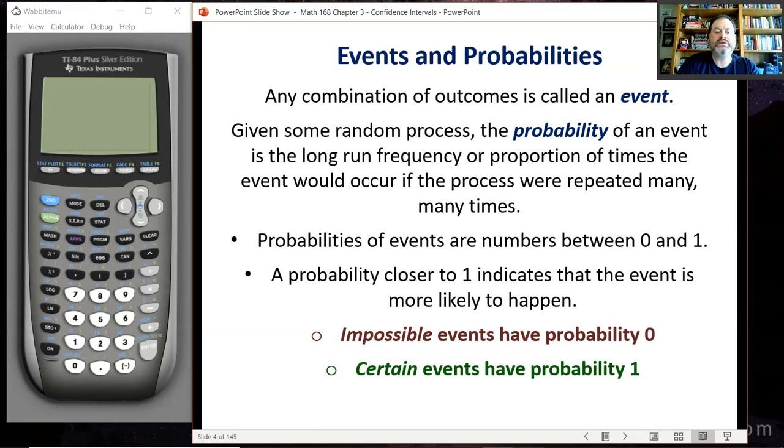A probability closer to 1 indicates the event is more likely to happen. If an event can't happen, we say it has probability 0. If it always happens, or is guaranteed to happen, it has probability 1. So it's sort of a scale, with 50% right in the middle.